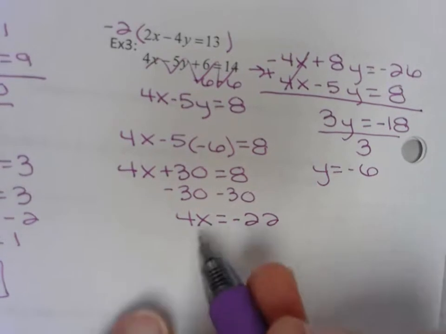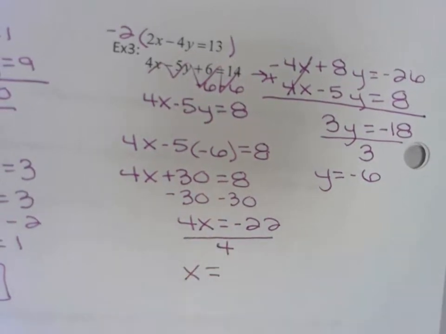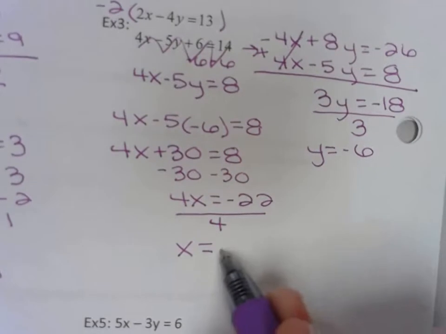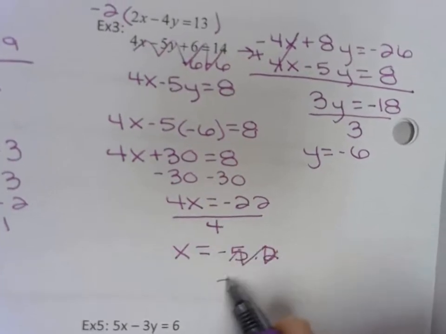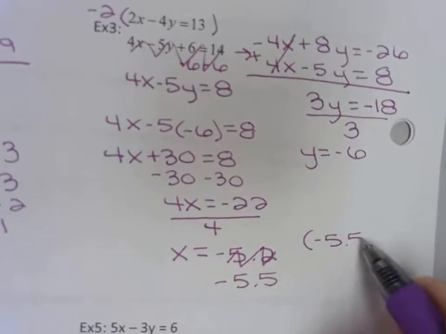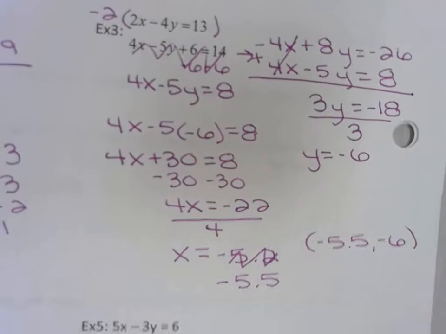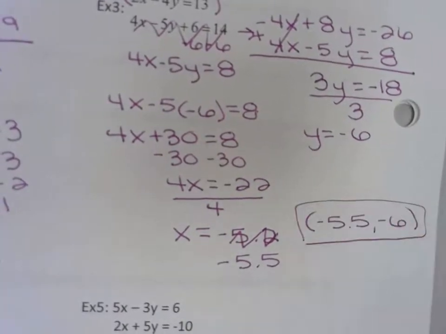It might just come out as a fraction. Divide by 4. So x equals negative 22 divided by 4. Sometimes you may get a fraction, which is fine, or you can turn it into a decimal. Negative 22 divided by 4 is negative 5.5. So my ordered pair is negative 5.5, negative 6. Sometimes you may get a decimal. You just go back and double check real quick.